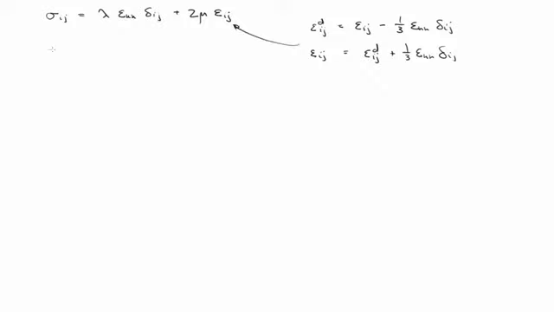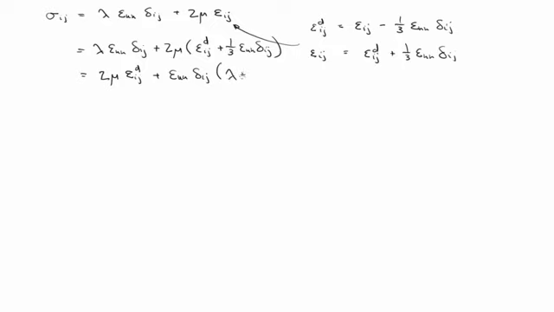Okay. So if we do that, we have lambda sigma kk delta ij plus 2 mu deviatoric plus 1/3. So if we distribute the 2 mu, and just rearrange the equation, I have this.